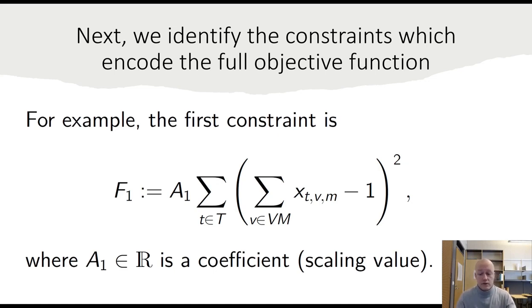For example, the first constraint is that every task should be allocated to a single virtual machine. We can approach this constraint in the sense that if we see this squared term here, we know it is always non-negative. So if we find a configuration of variables so that this term goes to 0, we know that 0 is its minimum.